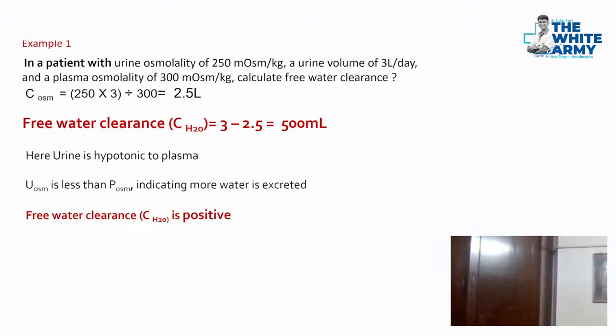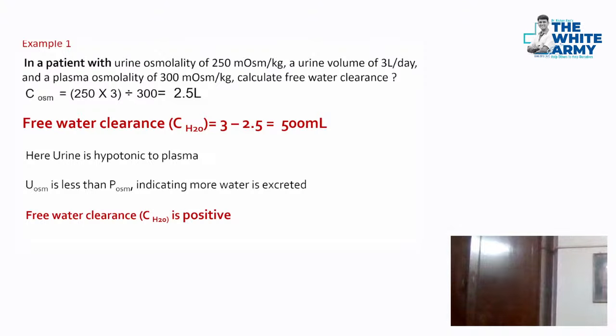So, a few illustrative examples. In a patient with a urine osmolality of 250 and a urine volume of 3 liters, with a plasma osmolality of 300, the osmolar clearance, as we said earlier, will be 250 times 3 divided by 300, which is 2.5 liters. But this patient has a total urine volume of 3 liters.